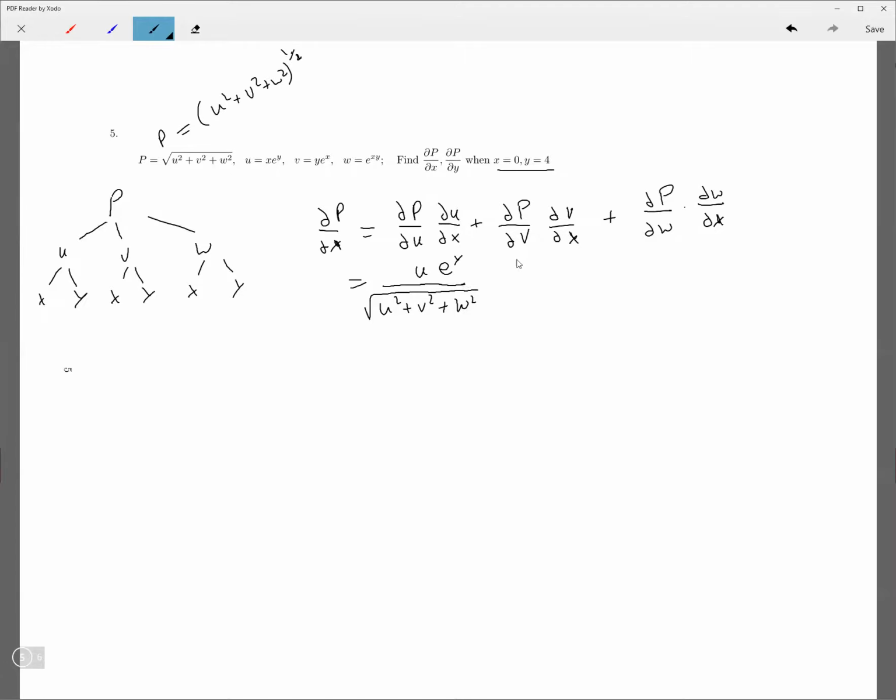Let's do this, because dp/dv and dp/dw are also going to give you just this v over the square root in the denominator. So just imagine that this is over in the center. We'll put it in the center next step. That's going to happen every time, except this one is going to be a v coming out times something, and the last one is going to be plus w times something.